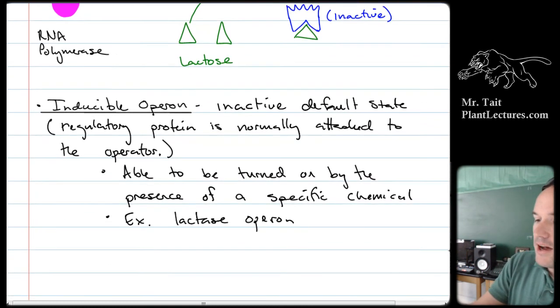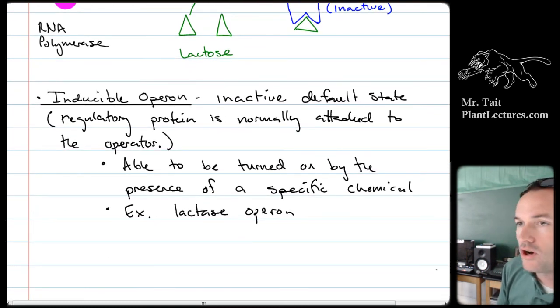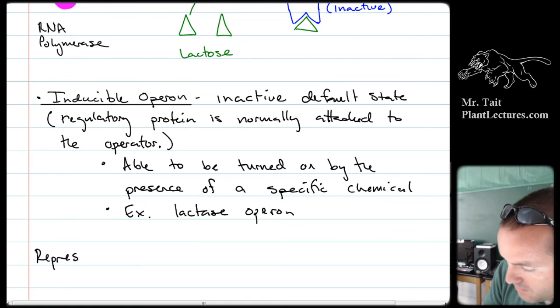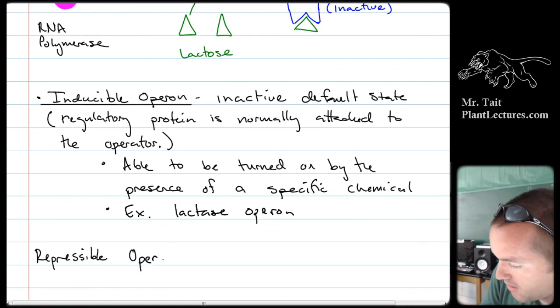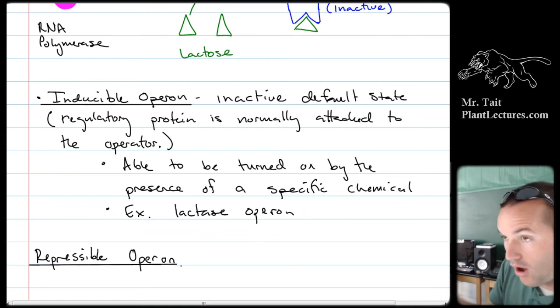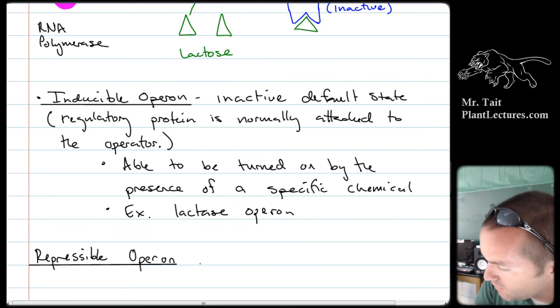Okay, this is in contrast to the other type of operon, which is called a repressible operon. You can probably figure out what that is based on the previous definition. If an inducible operon is one that's normally off, a repressible operon is one that's normally on. So this has an active default state.